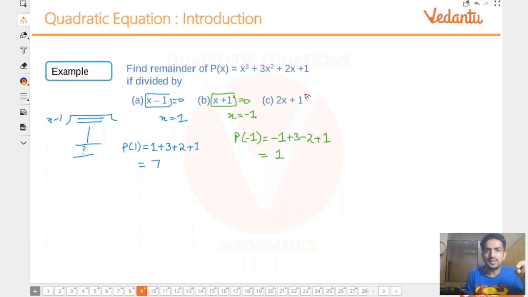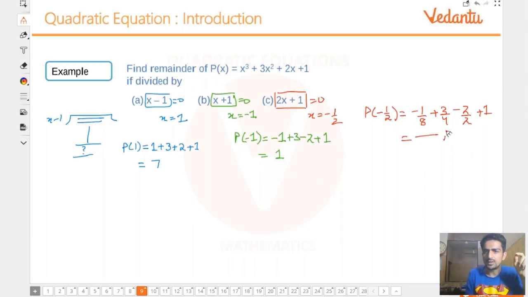Similarly, remainder when it is divided by this, you put it equal to 0, x comes out to be -half. So the remainder will be p of -half: -1 by 8 plus 3 by 4 minus 2 by 2 plus 1. Whatever it is, this is your answer.